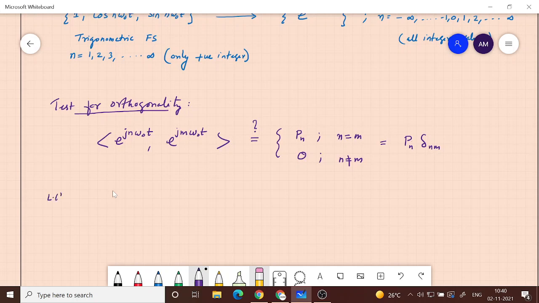So the LHS is the integral of 1 by T, where T is the period, with t going from 0 to capital T, of the first function e raised to j n omega 0 t into its conjugate. You have to take the conjugate because it's a complex function, e raised to minus j m omega 0 t dt.